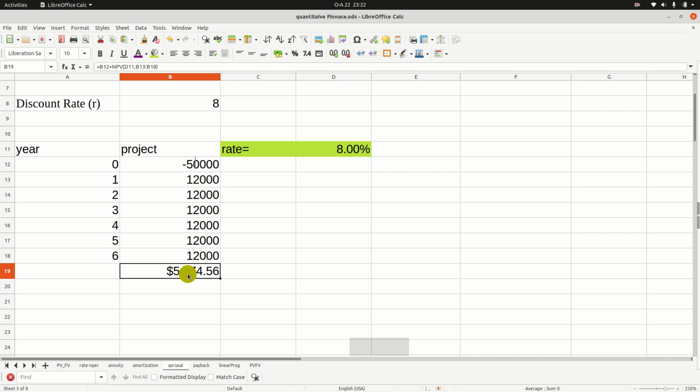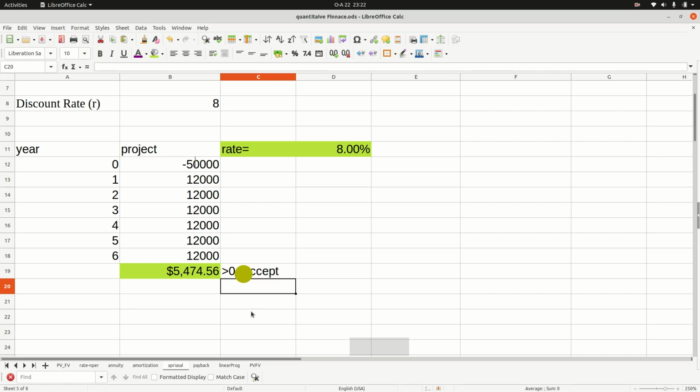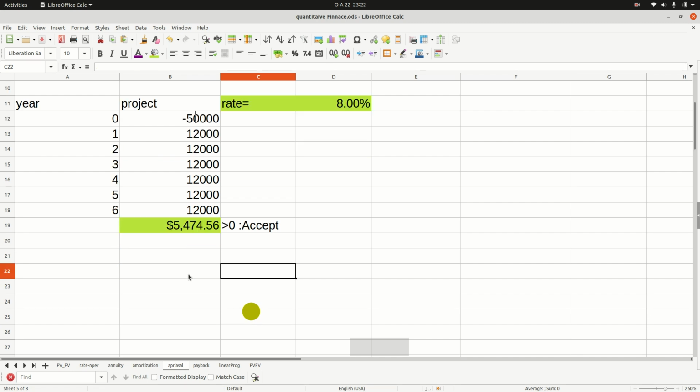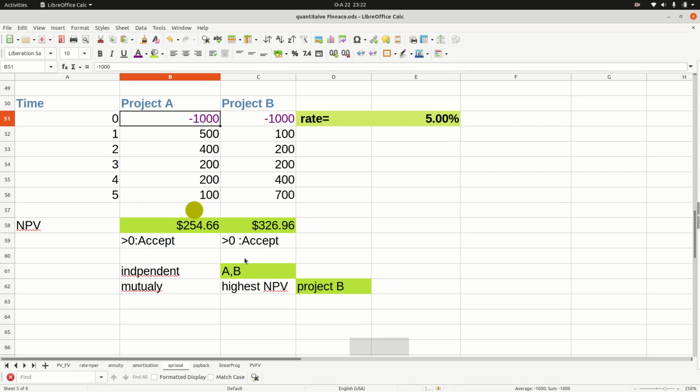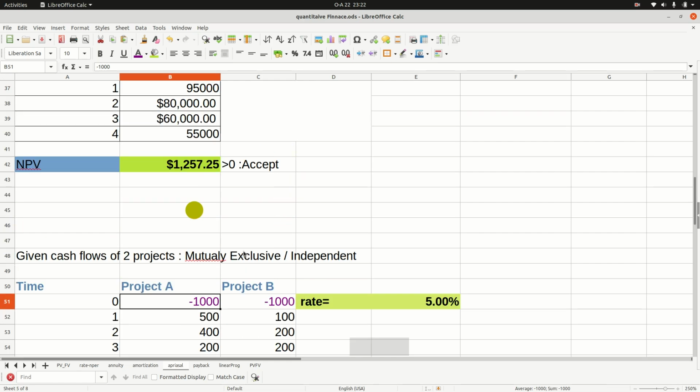That is correct. So it is still greater than 0, and so we can accept it. The initial investment was 50,000, but at the end of 6 years we still have some revenue coming in at 5,000, so we can accept the project. And so this is how simply net present value is calculated. Don't forget, always have your initial investment as negative and then add the rest. You can pause this video and go over the examples one more time. Thank you very much.